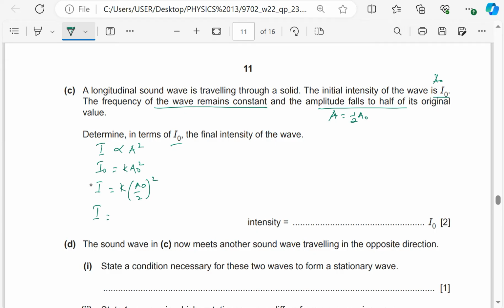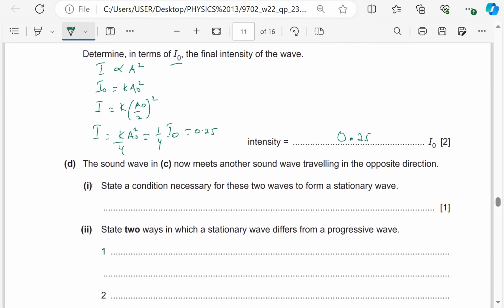I is going to be equal to K A naught squared divided by 4. So this is going to be equal to a quarter, where there's K A naught squared, I will put there I naught. So the answer here is going to be a quarter I naught, or 0.25.